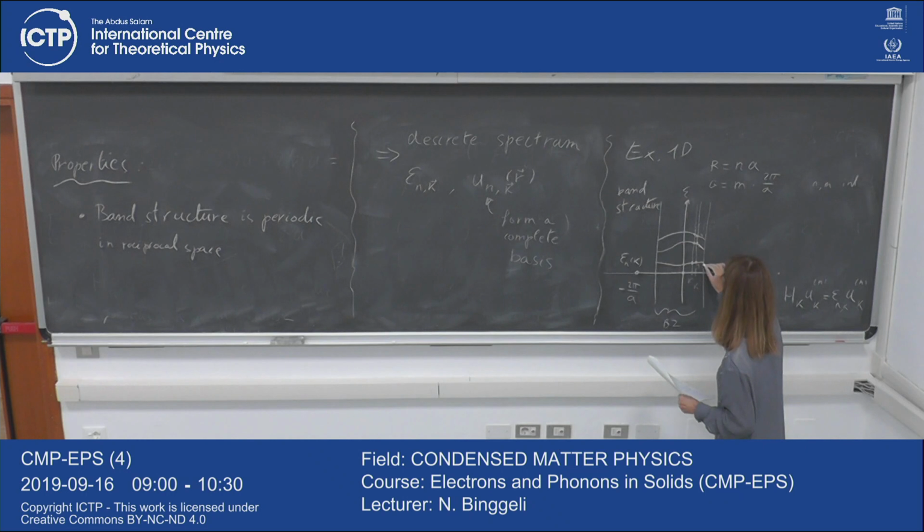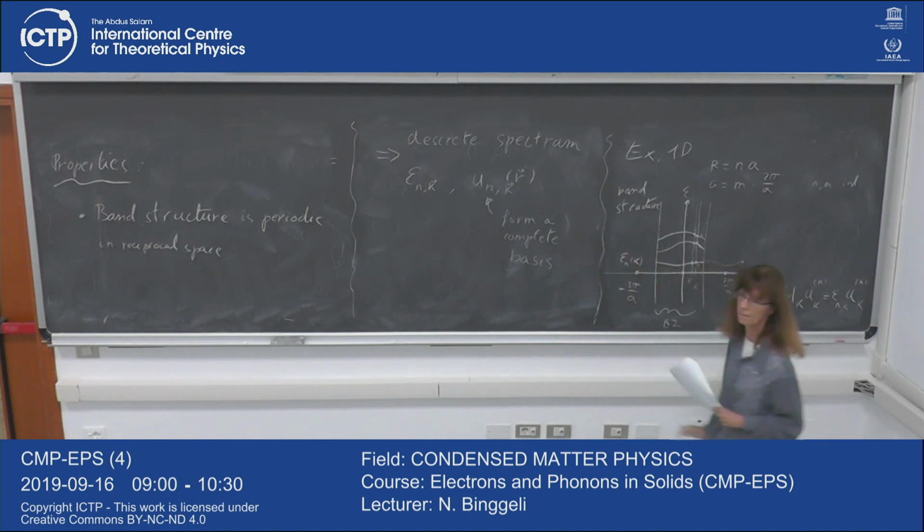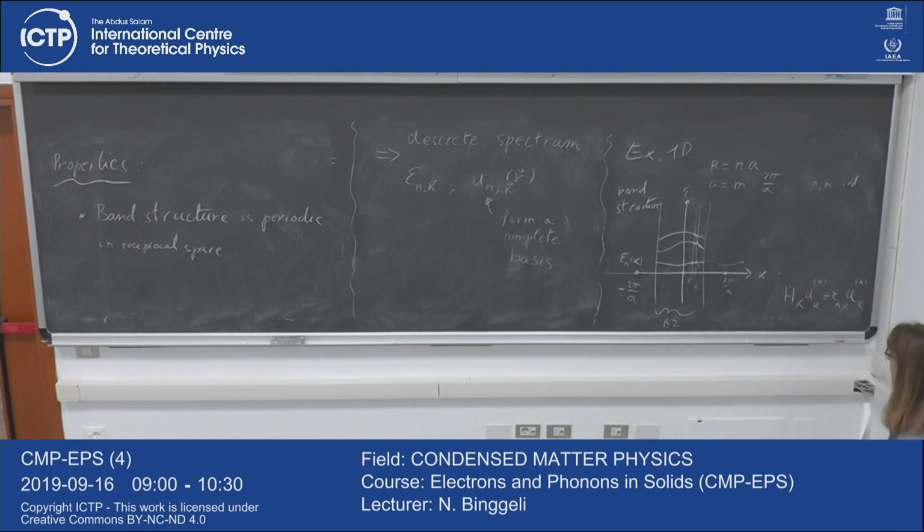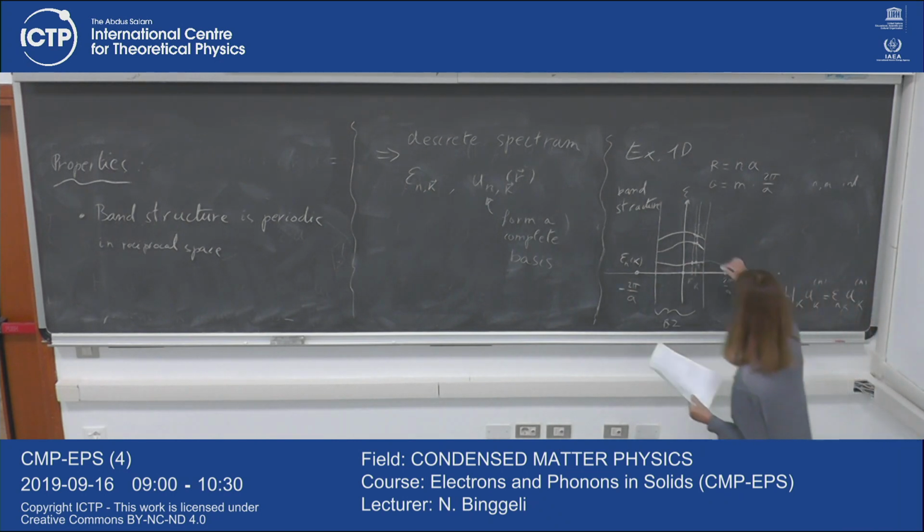So basically, we have periodicity in reciprocal space with translation of the G vectors. So this is one of the consequences, periodicity.